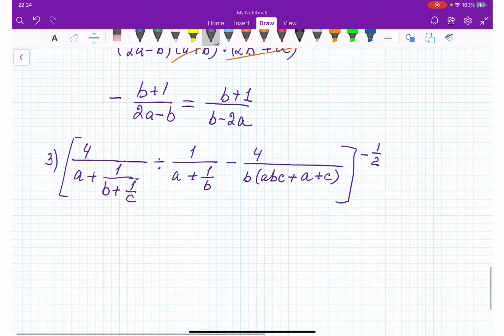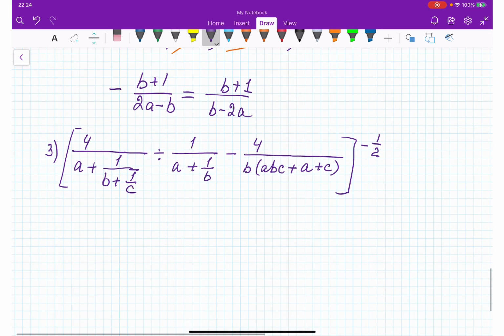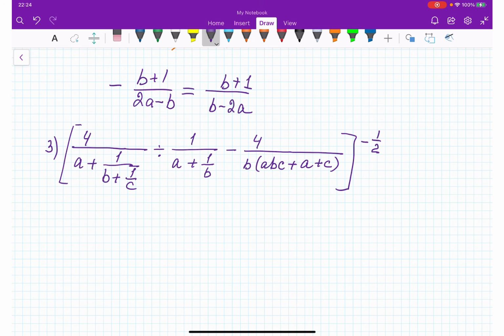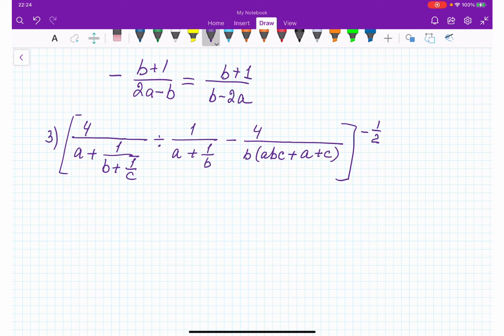Okay, so step number 1, I'm going to clear this denominator, a plus 1 over b plus 1 over c. Okay, let's see what's going to happen here. 4 over, so first of all, I'm going to find the denominator for b plus 1 over c.